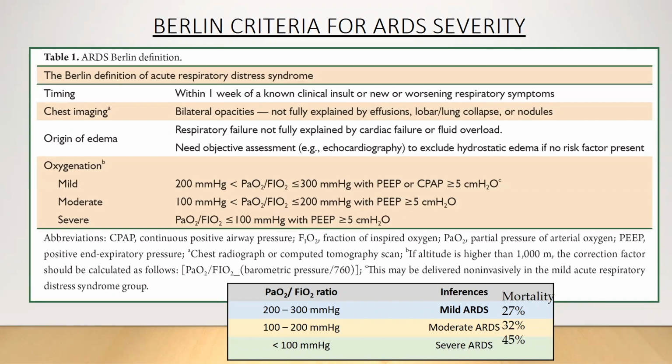And the origin of edema is usually not cardiac. Depending on the PF ratio, we can classify into mild, moderate, or severe ARDS. The PF ratio is 200 to 300 for mild, 100 to 200 for moderate, and less than 100 for severe ARDS. It is also associated with increasing mortality when the PF ratio is lower.